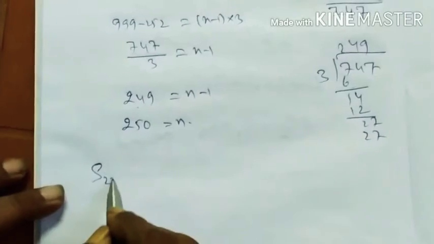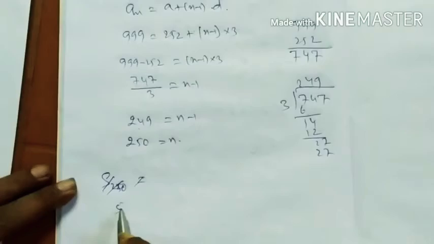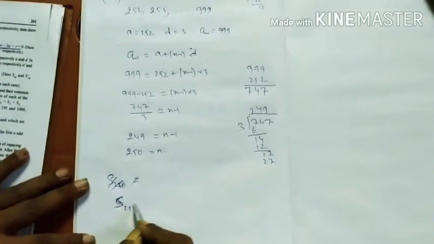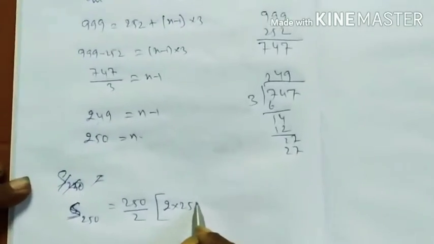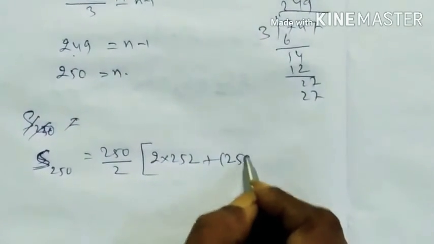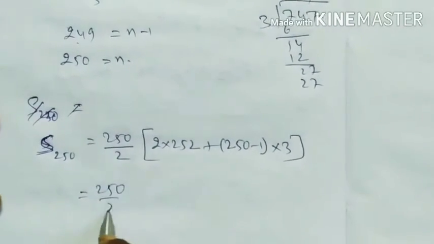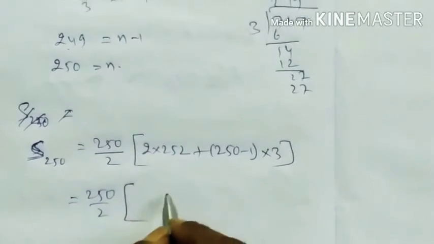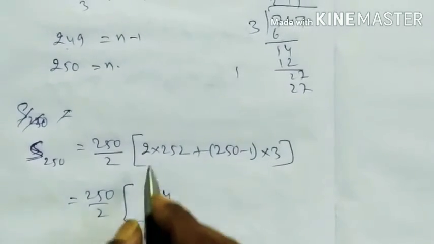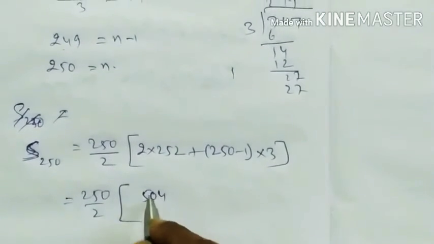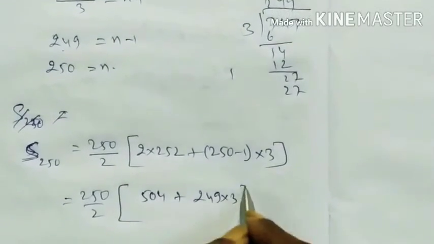Now there are 250 terms. S250 is equal to 250 by 2 into 2 into a, 252, plus 250 minus 1, your d is 3. Now 250 by 2 comes to be 125. 2 into 252 is 504, plus 249 into 3.